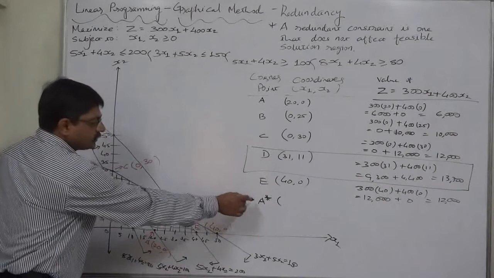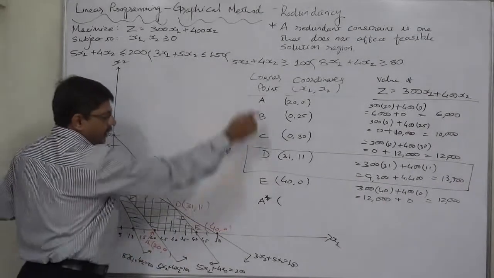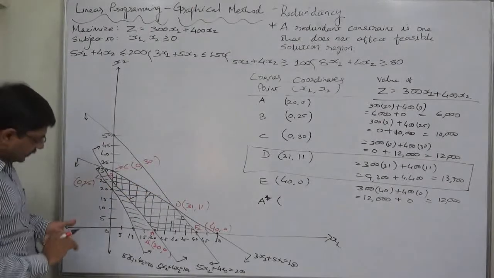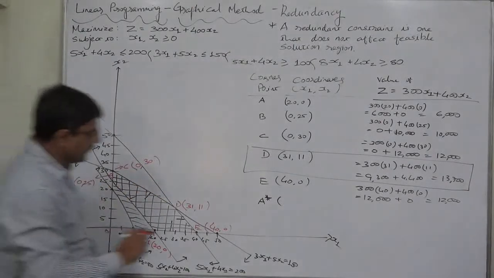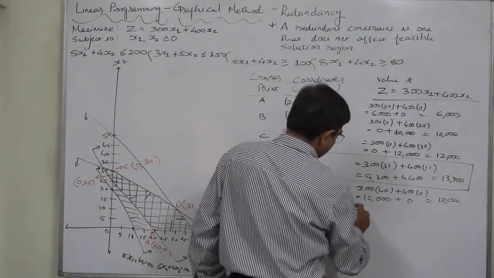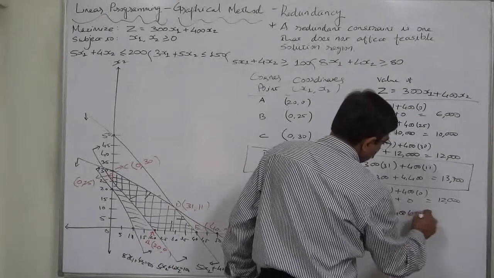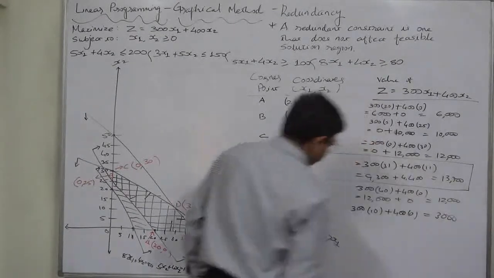So I use the sign A itself, but to differentiate it from the original A, I am using the asterisk mark, and this will be 10 and 0. So it will be 300 into 10 plus 400 into 0, so it will be 3000.